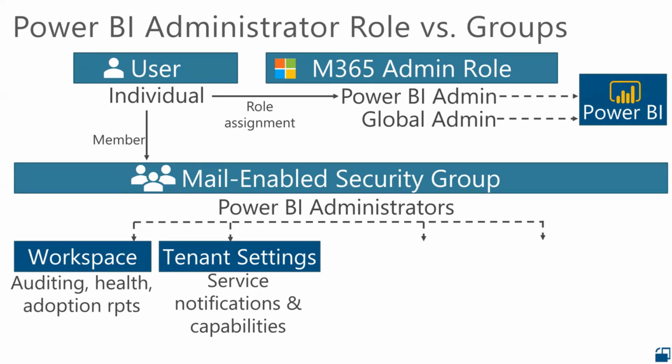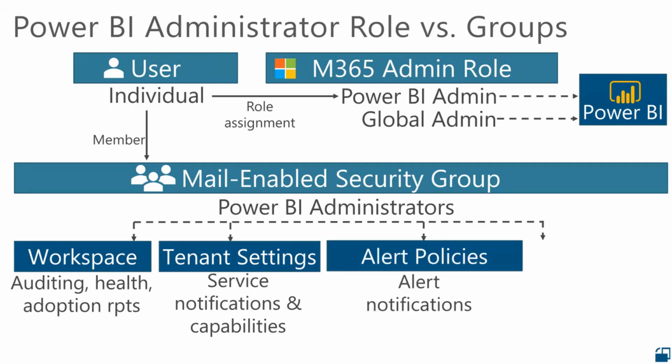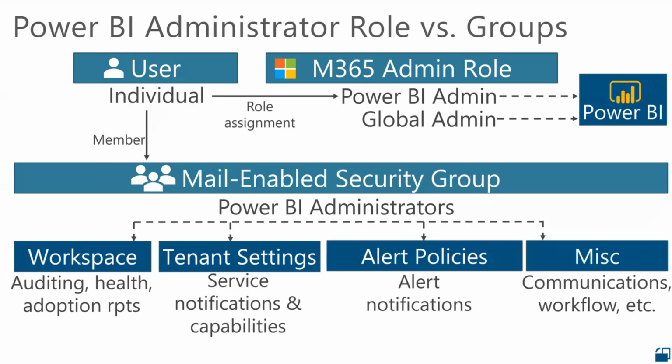For instance, service notifications, or the new one that our premium capacity is undergoing some demand, to let you know of that. Then there are also alert policies. We're going to look at that here in just a moment. We can use that group to receive alerts when something is happening, and also for miscellaneous emails and such to the group of users. So I propose that you have both in place.